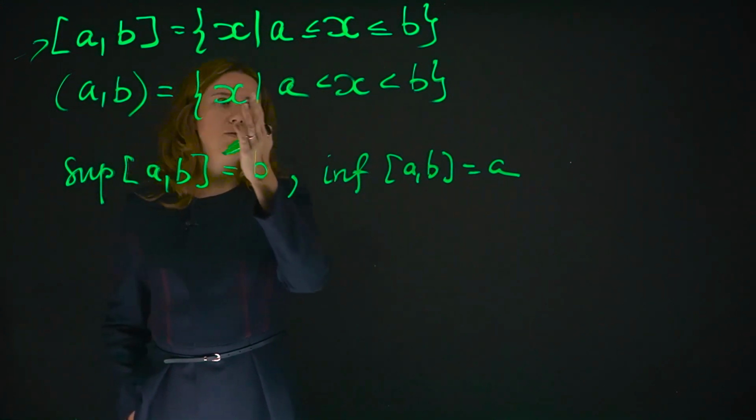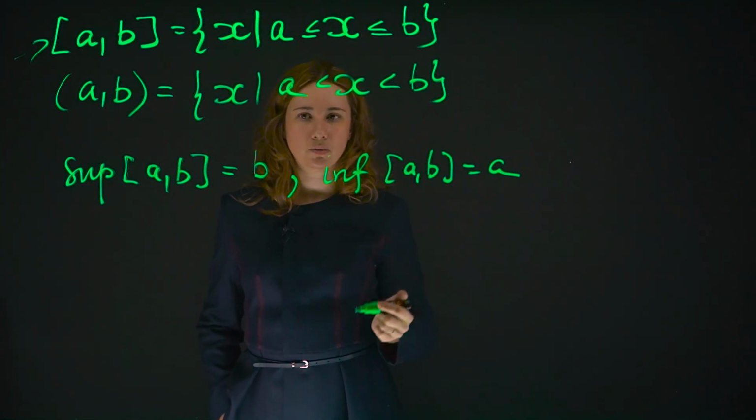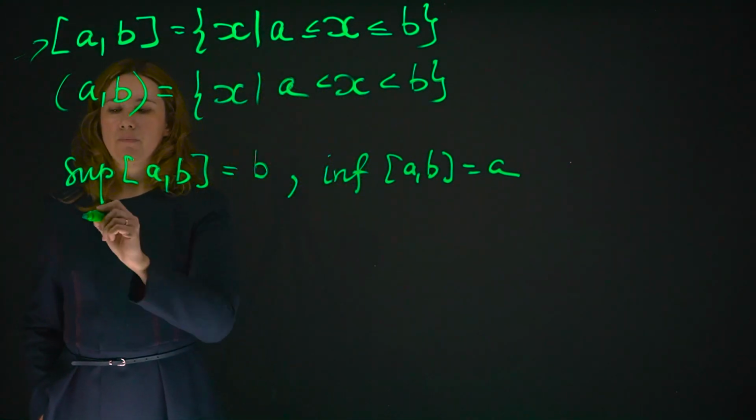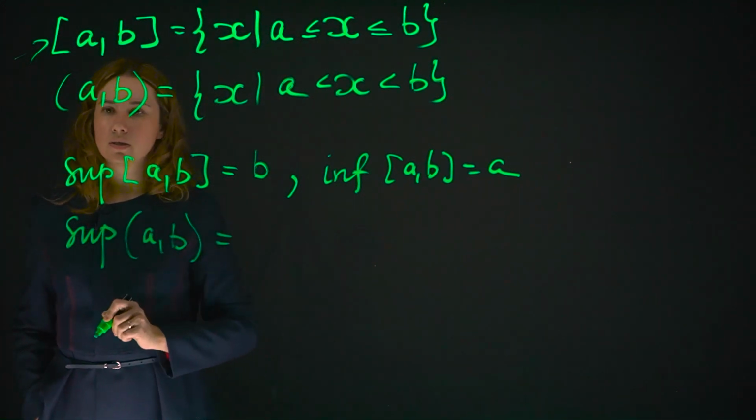Now, let's take a look at the second set, the open interval AB, and try to find the same two characteristics.